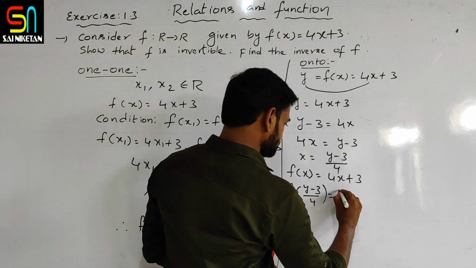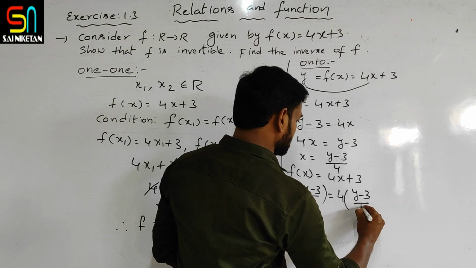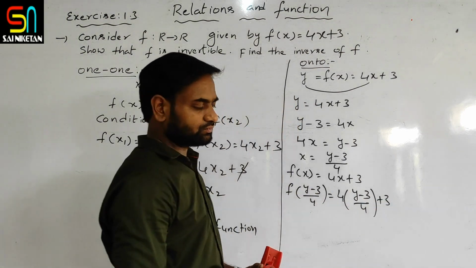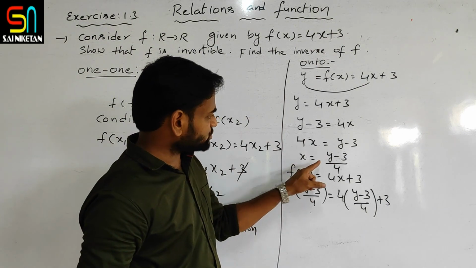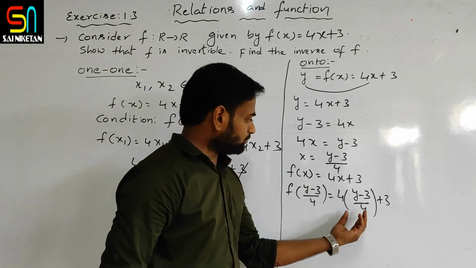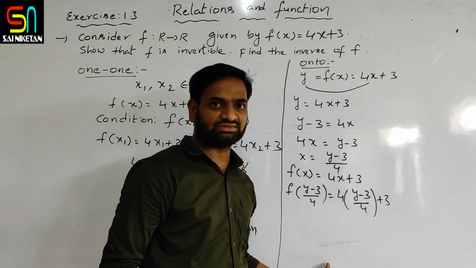Substitute here: 4 into y minus 3 by 4 plus 3. Now we have to simplify this. If the answer is y, then f is onto.